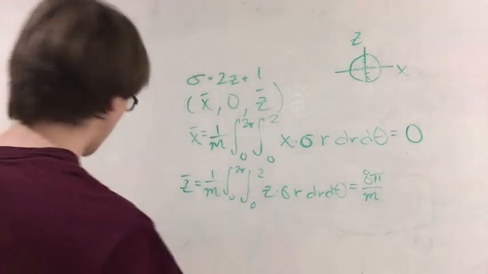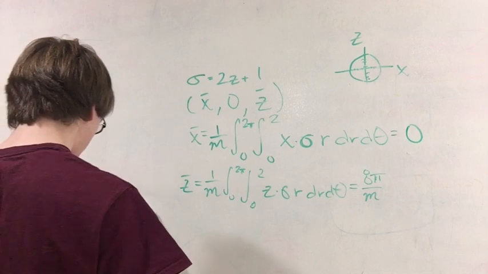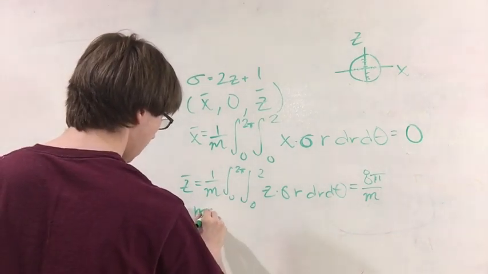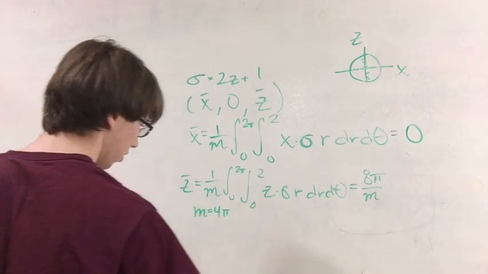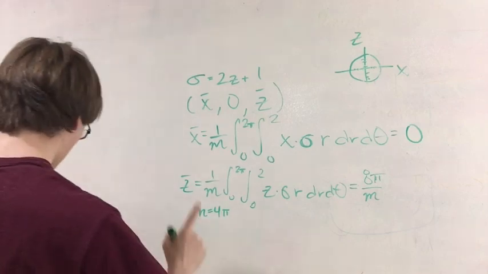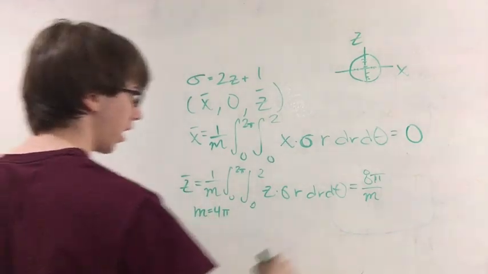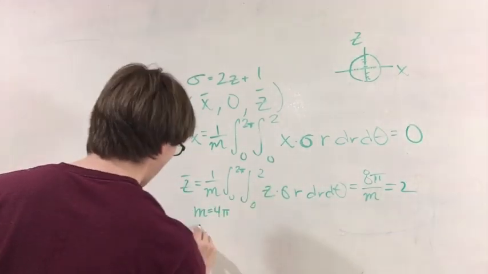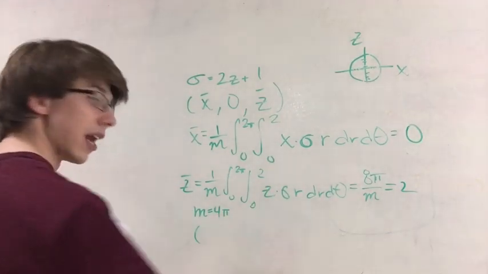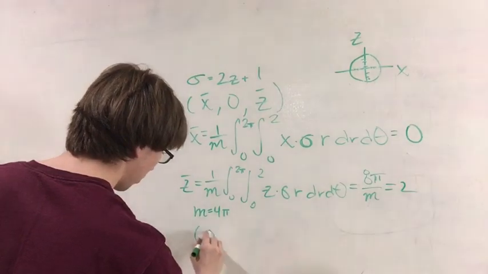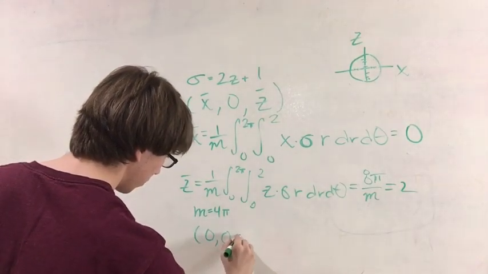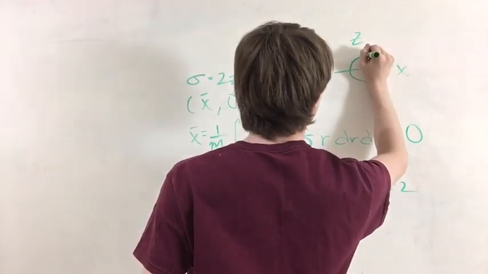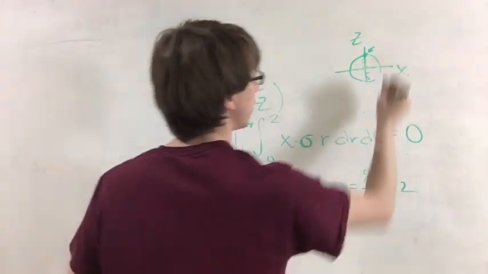Alright? And then lastly, we solve for m, and we get 4 pi. And so therefore, our z bar is 8 pi over 4 pi, which is equal to 2. And so therefore, our center of mass is at 0, 0, 2. So that's going to be right there.